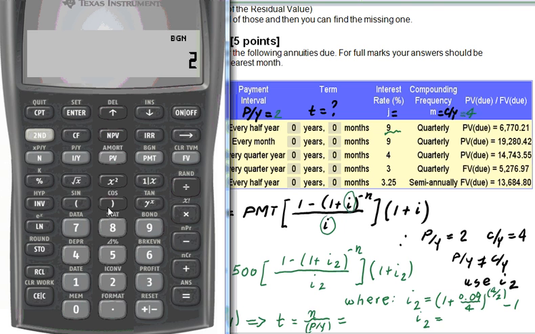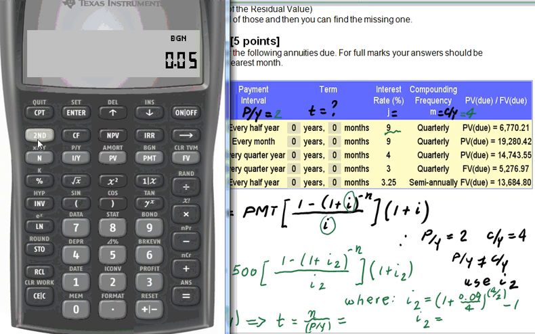Well, you can actually divide it without the calculator, but minus 1, and equal. Then we store that in memory 2, like I sub 2.